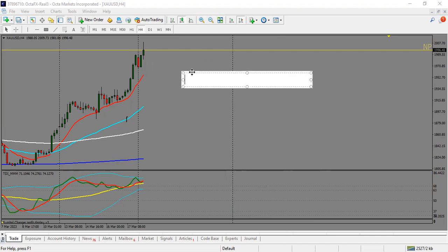Okay, so the first thing we need is we need TDI to have at least a shark fin, right?